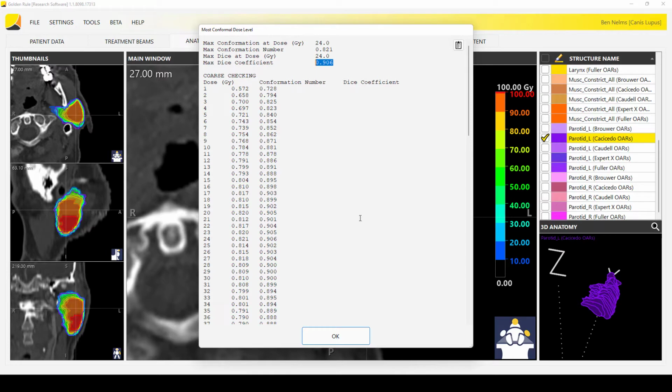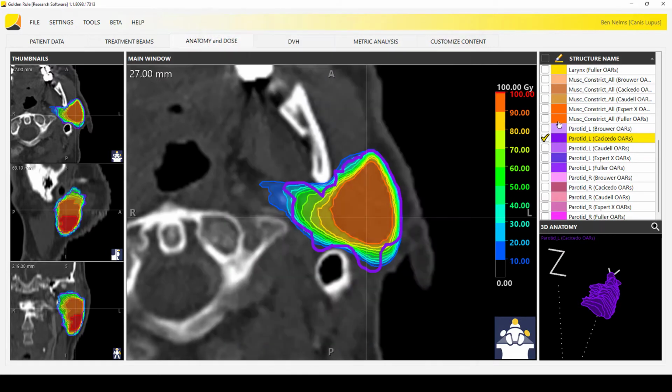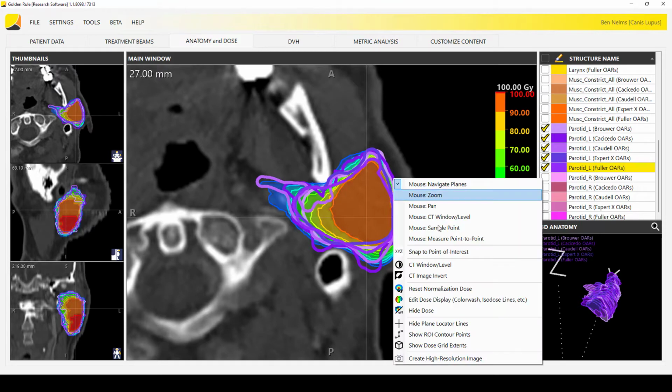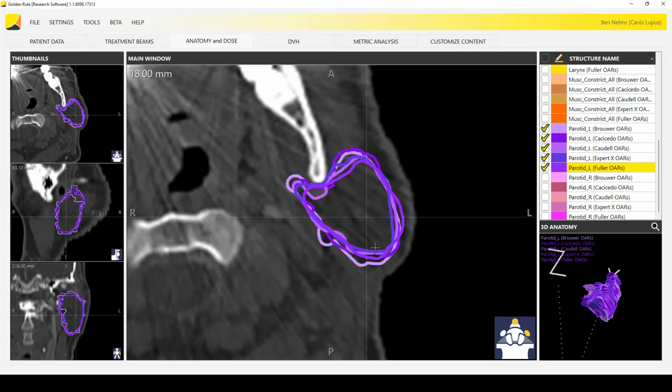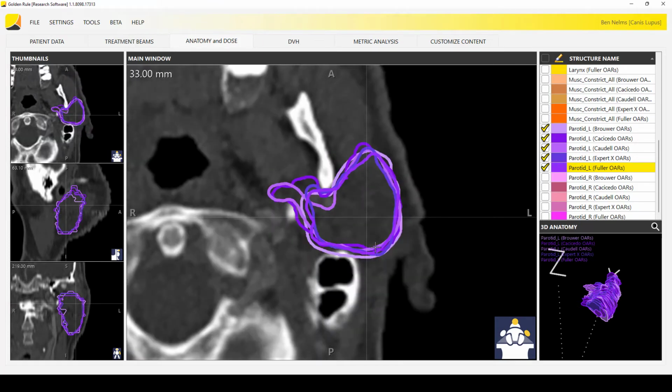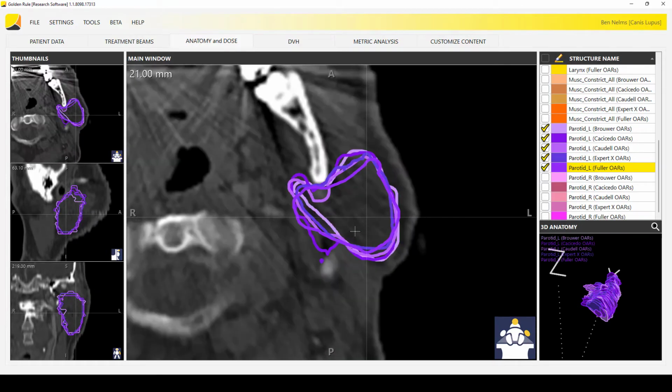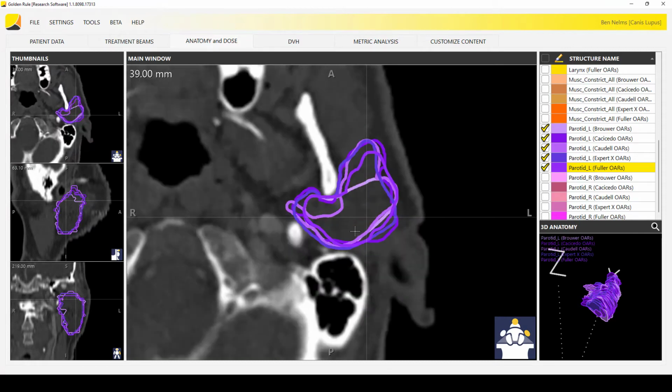So that's pretty high. So now a question is, if we turn all the left parotids on and we turn the consensus off, here we see the difference of opinion from the experts. So this is part of the challenge, right? If we get, in this case, 5 different experts, they have 5 opinions and they don't overlap completely. Now they do match fairly well. So if we looked at a consensus of this, it would be much tighter gradients around.